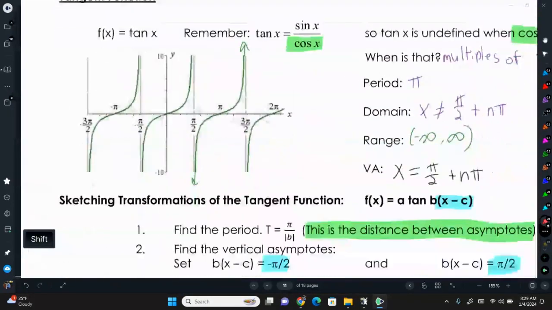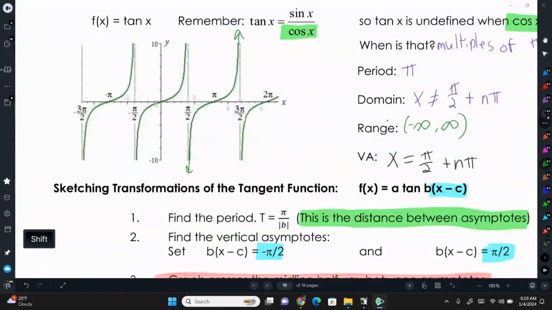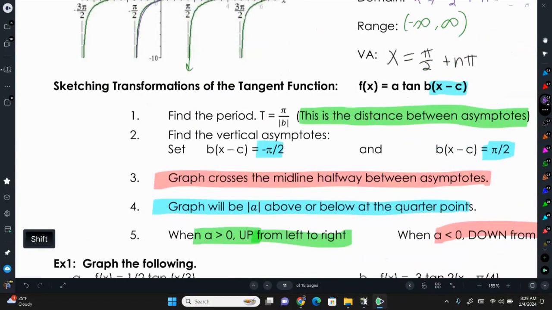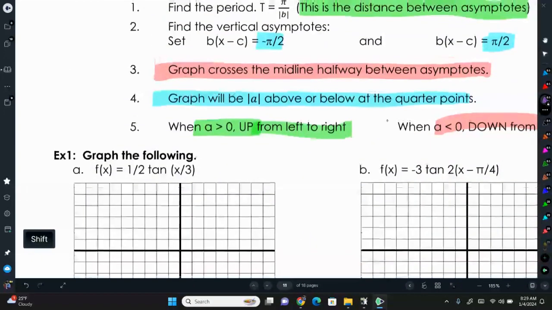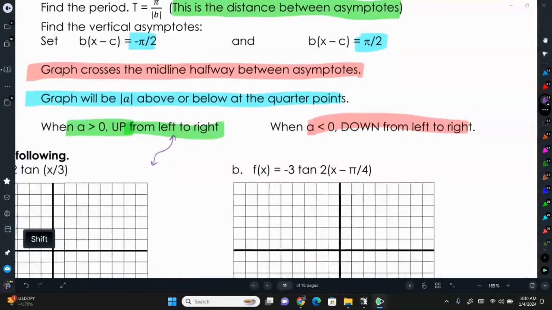So this one up here, in between the asymptotes, we're going up to the right. So that tells us that this is a positive tangent function. A positive one would look like this, and a negative one would look like that.